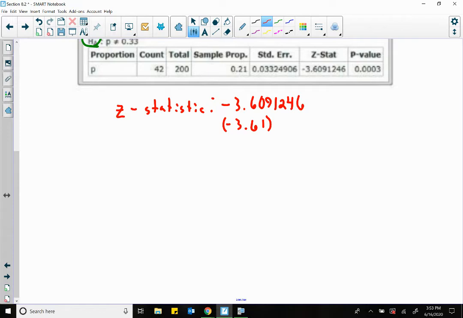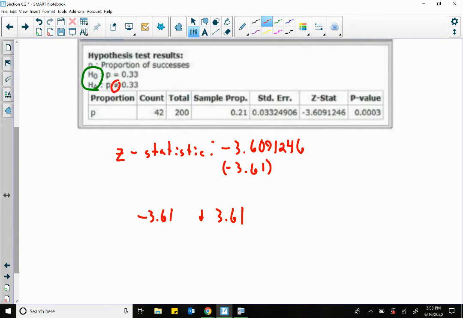And so if you look at the probabilities for this, you'd actually be looking at negative 3.61 and a positive 3.61 because this is not equal to up here. So that means it is a 2-tail or 2-sided. Okay. So then what you would do is you'd find the probability to the left for this guy, find the probability to the right for this one, and add those 2 up.